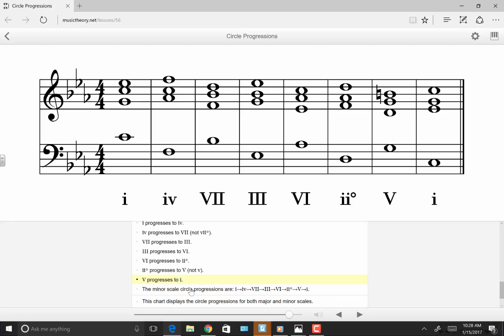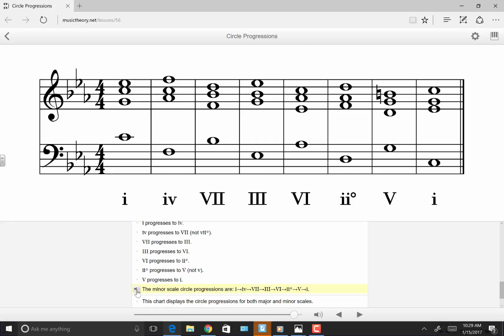So the minor scale circle progression is minor 1, minor 4, major 7, major 3, major 6, 2 diminished, major 5, minor 1. 4, 7, 3, 6, 2, 5, 1.